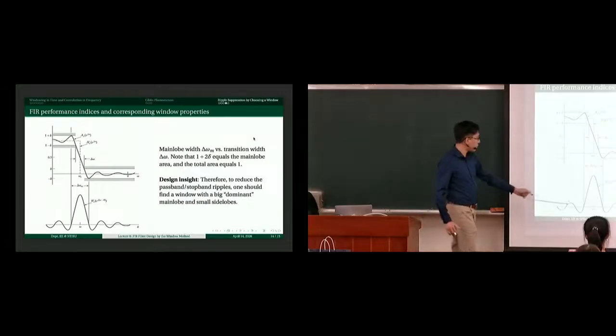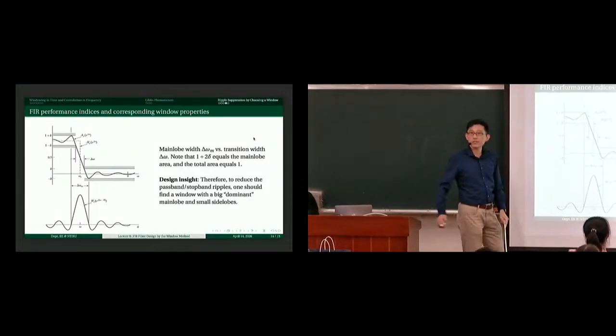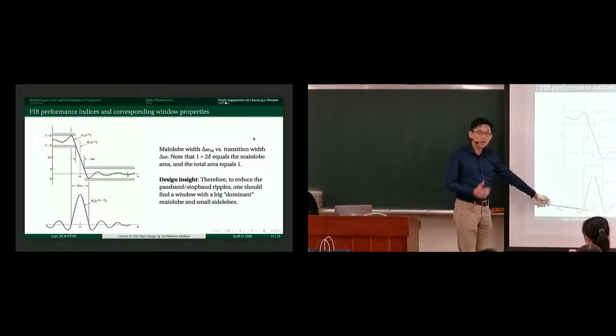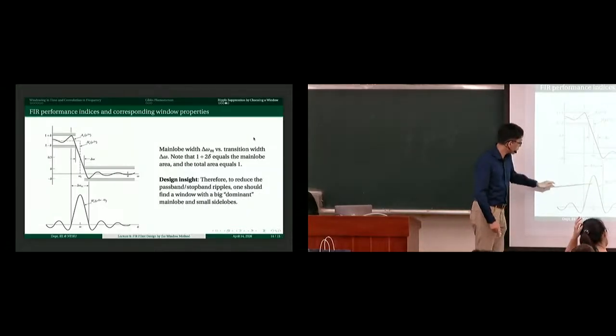Because whenever the main lobe is narrow, we can guarantee a sharper, faster transition between pass band and stop band. Therefore, on one hand, we want the main lobe width to be narrow. On the other hand, we want a good main lobe to side lobe ratio.